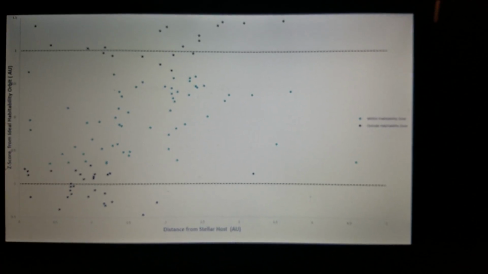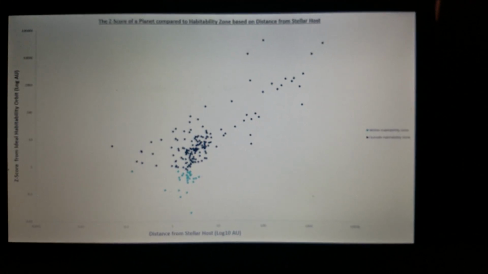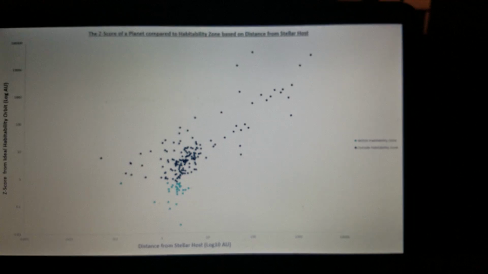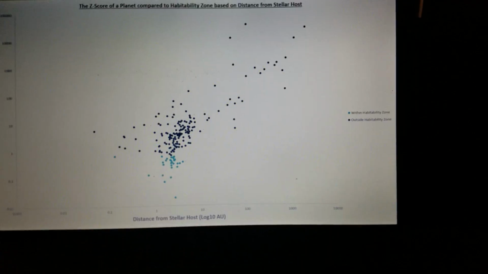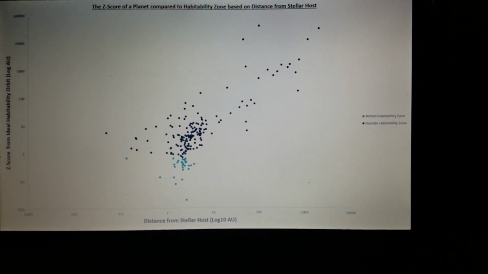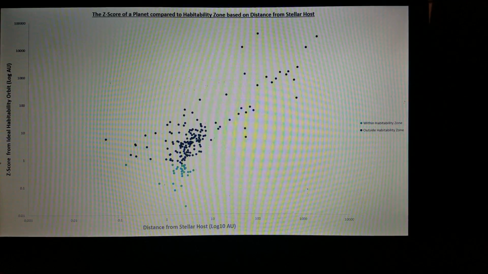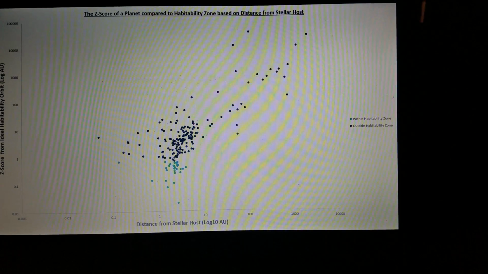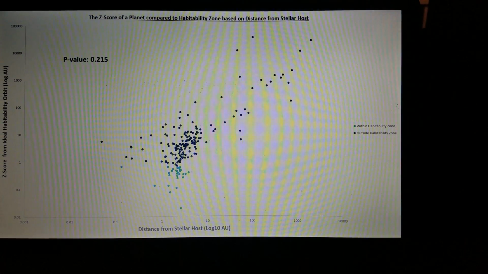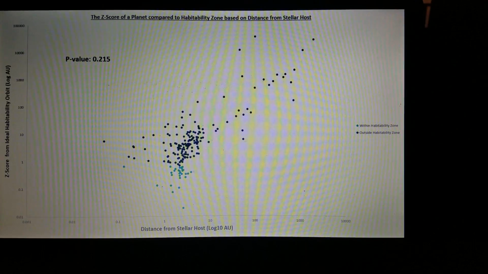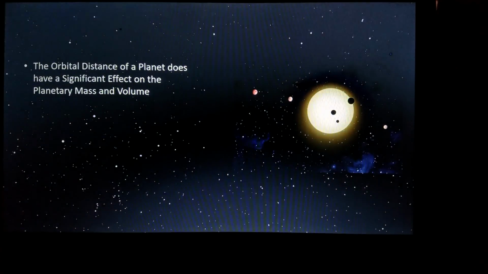So there are periods that it may go in habitability and then out once again during another season. A logistic transformation was conducted for more accurate statistical analysis, and once a logistic regression was run with an alpha of 0.99, it gave us a p-value of 0.215, which is not significant.